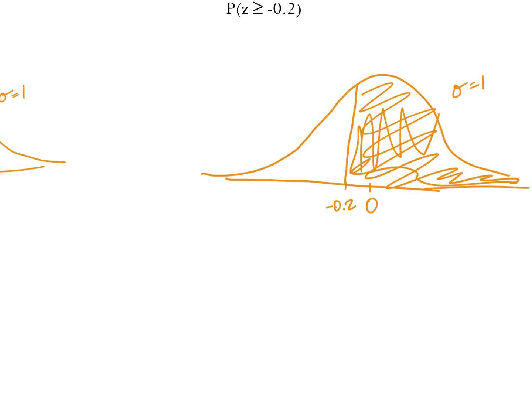What should my upper boundary be? A gajillion. Mean 0, standard deviation 1. What are we getting? 0.579, great. Is that a little bit bigger than 50%? Yeah, that feels like a good answer to me.